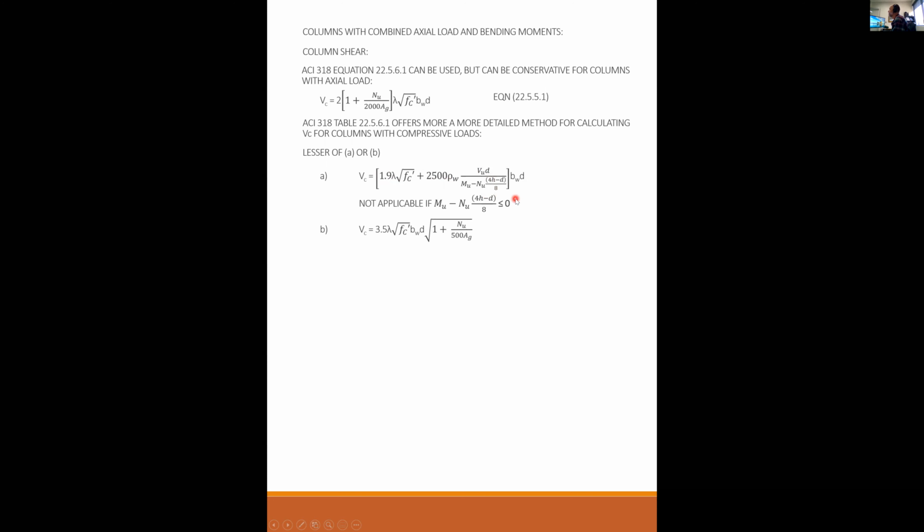This is only applicable, though, if this term here is less than 0. If this term is not less than 0, I'm sorry, opposite. If this is less than 0, don't use it. If Mu is greater than this term, then you can use this equation, where Nu is the axial load in pounds and is positive for compression. Okay, any questions on that?